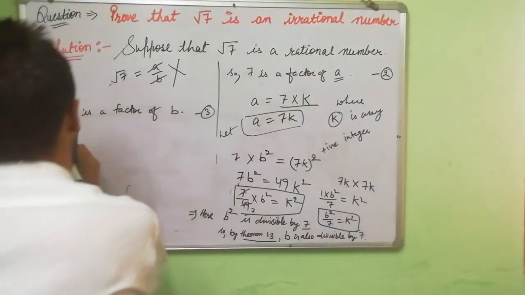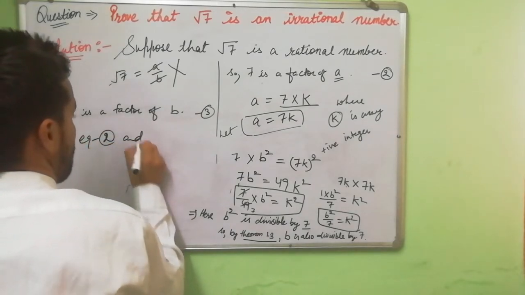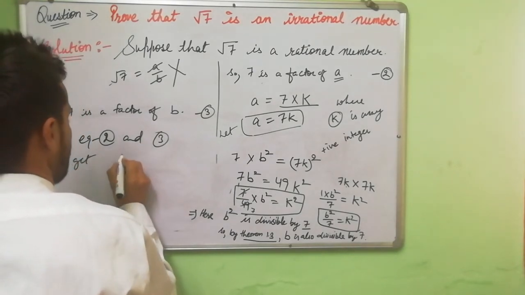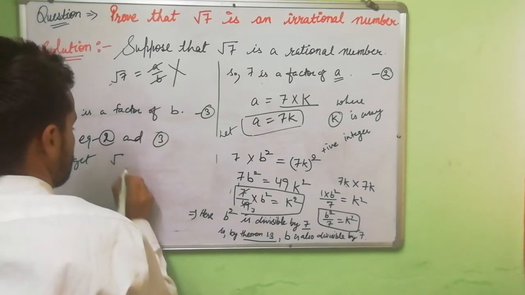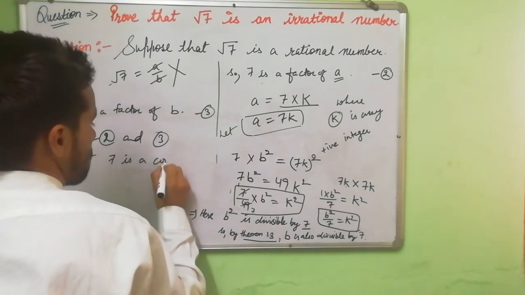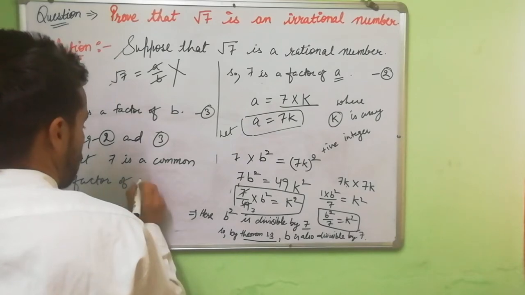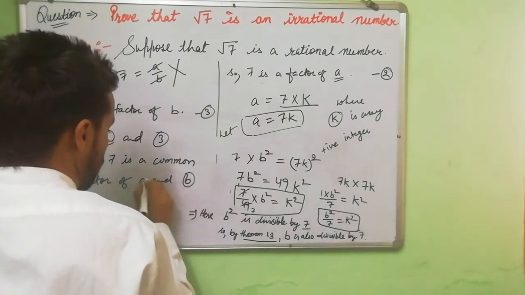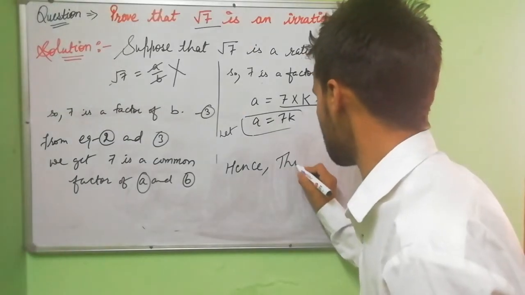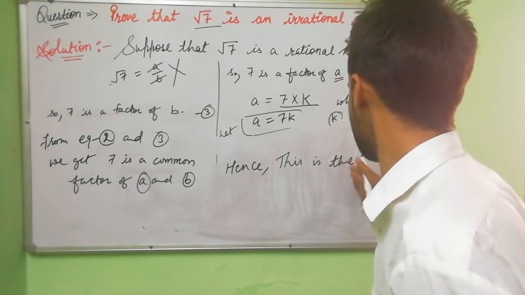So what I do, I write here: from equation number 2 and 3 we get 7 is a common factor of A and B. Hence, this is the contradiction.